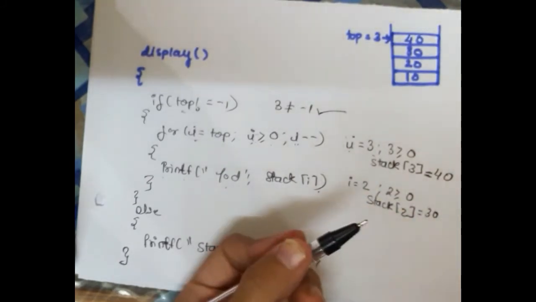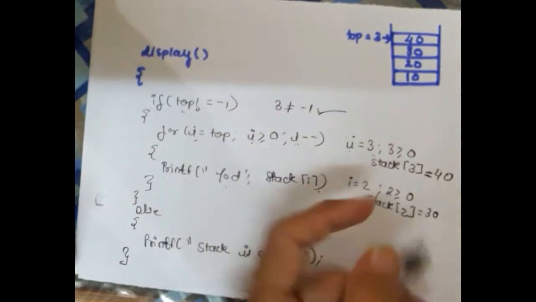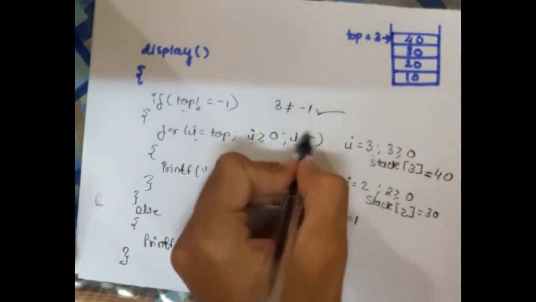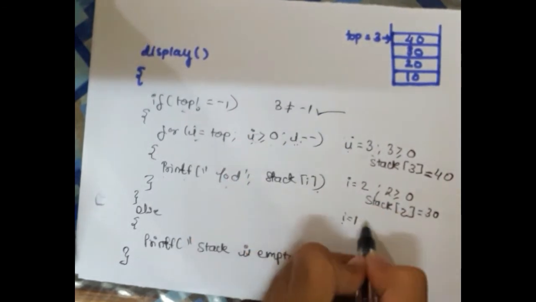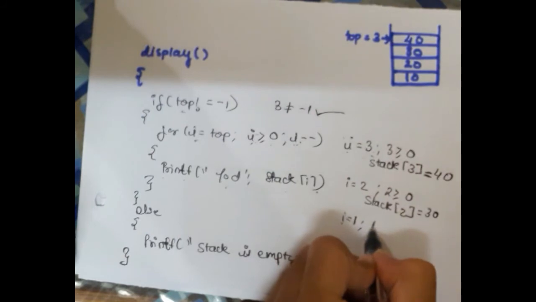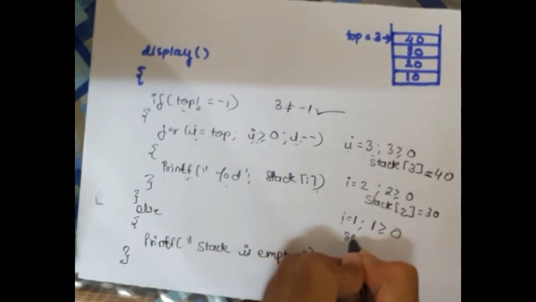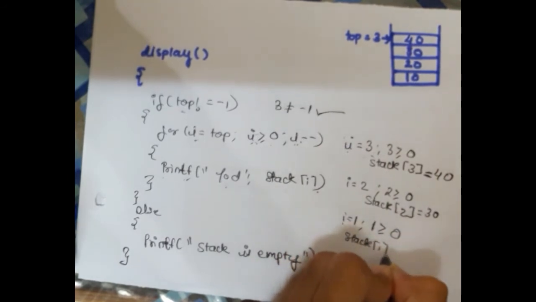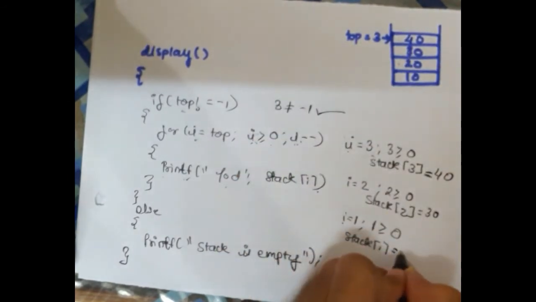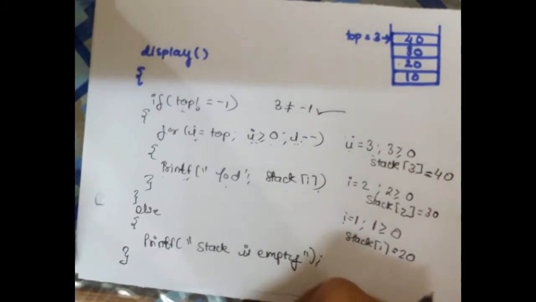So 30 will be displayed. Now again I will be decremented, so I will be equal to 1. 1 is greater than equals to 0? Yes. So again printf stack of 1. Stack of 1 is 20. So 20 will be printed.